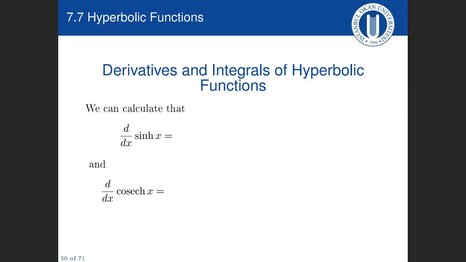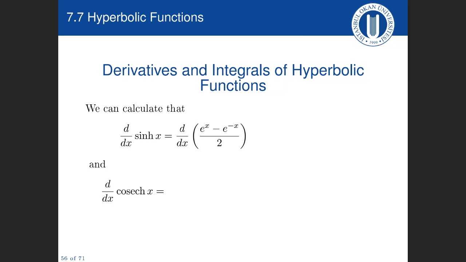Let's talk about the derivatives and integrals of these hyperbolic functions. The first one is straightforward. The derivative of sinh x, well, that's just the derivative of e to the power x minus e to the power minus x over 2.